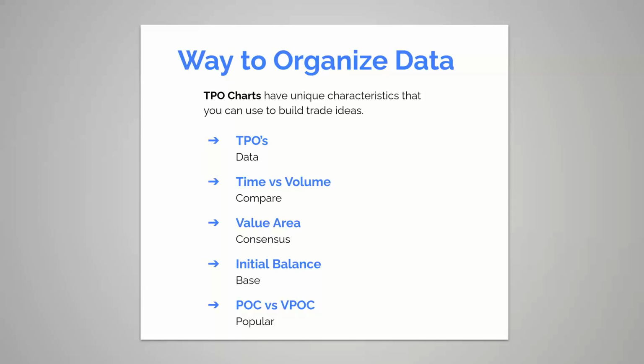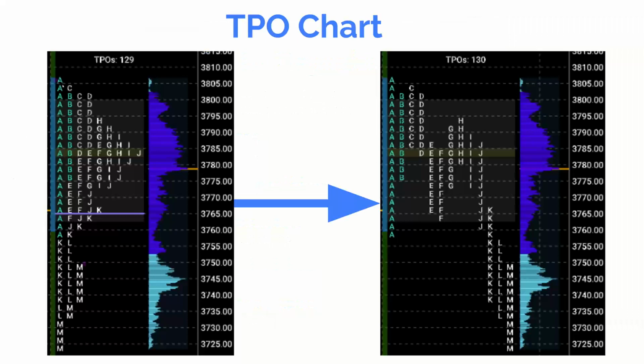So TPOs, which are the letters, each of these letters, like this single letter A, is a TPO. This letter A is a TPO. This letter C is a TPO. So these are all TPOs, and there's a number displayed for the total number of them in a profile. But essentially a TPO is a single letter.